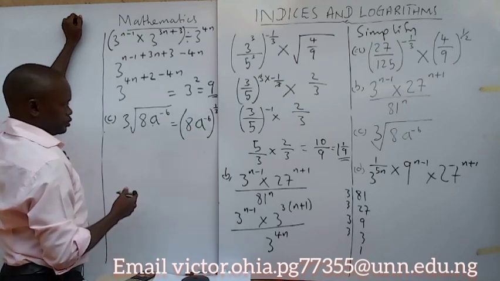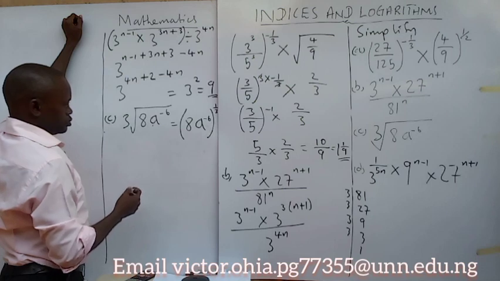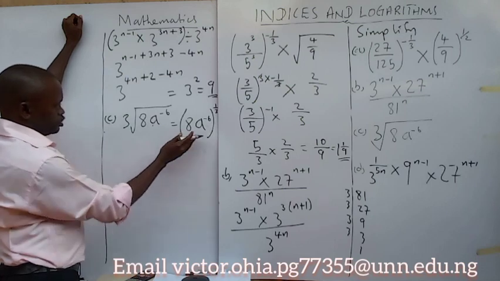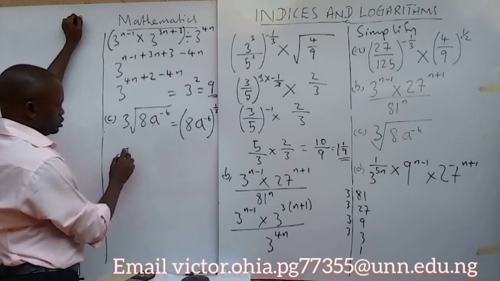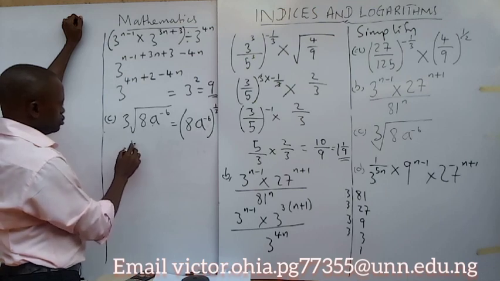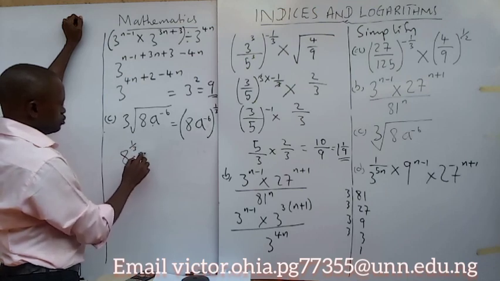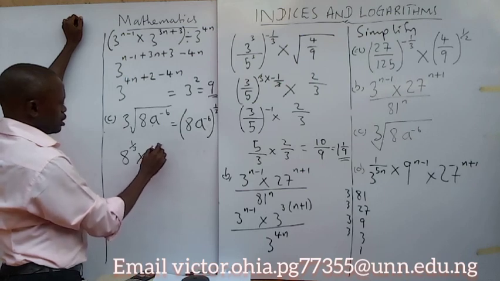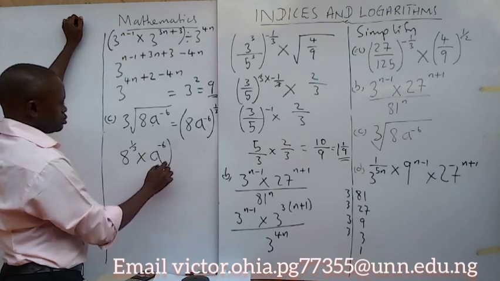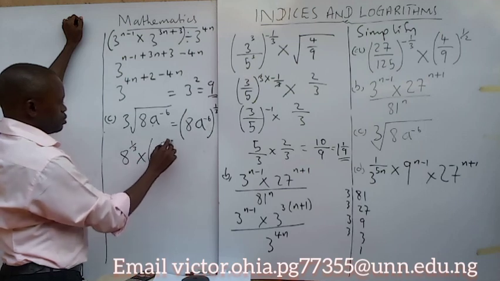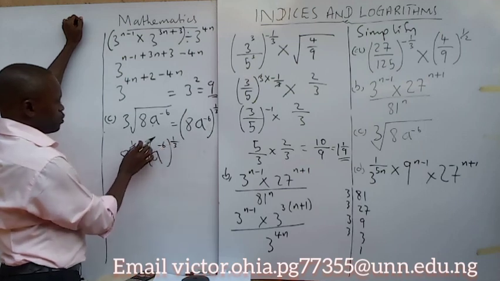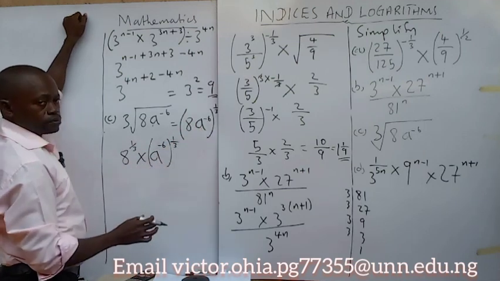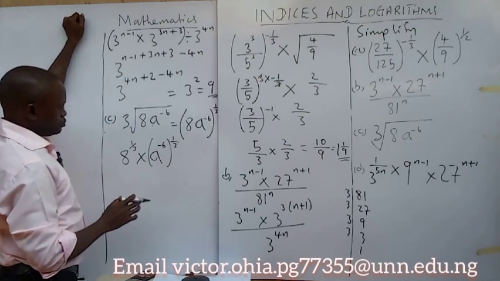Now, can you permit me to rewrite this as 8 to the power 1 over 3, then multiplying a to the power minus 6, then all to the power 1 over 3, because this power belongs to both of them. I'm sure that is clear.